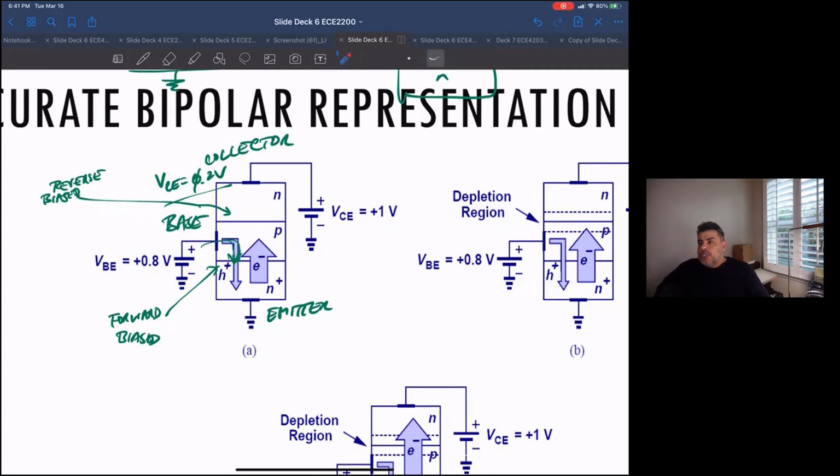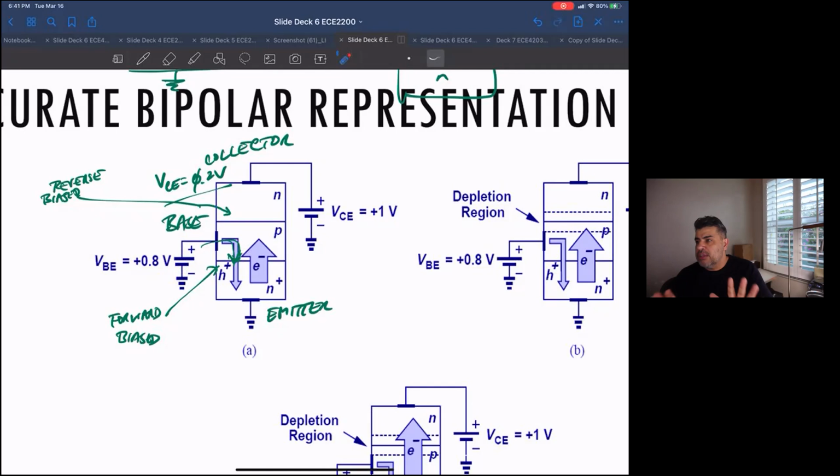I think you're going in the right direction. To some extent it'll be a higher VBE, but as you'll see, if you make this length different, you'll give it a higher current gain.